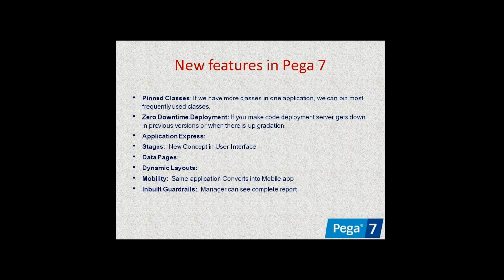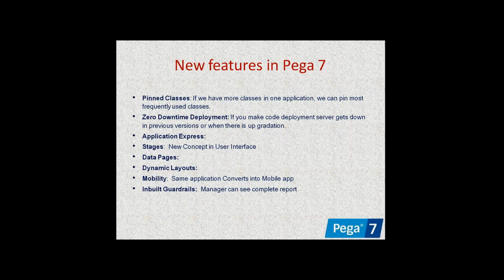And there is a new concept called data pages. In the previous versions we used to call them declare pages. That rule has now changed to data pages, and overall 80% of the options are modified in the Pega 7 version. In Pega 6.3, the total look and feel and all the options are different.